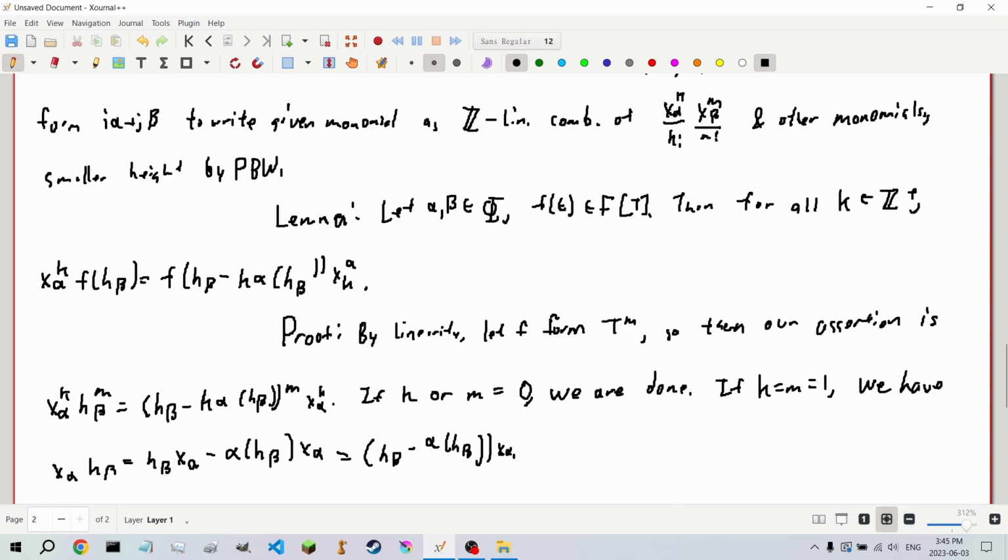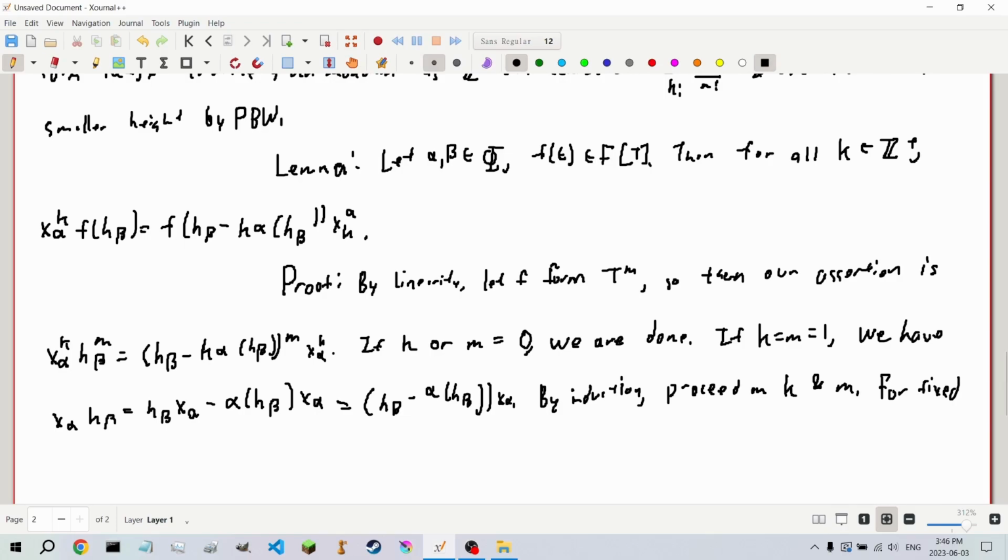Now, by induction, we proceed on K and M. So we see for fixed K, in our equation, I'm going to try to fix this messily.